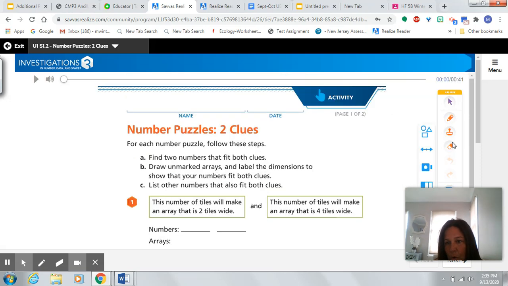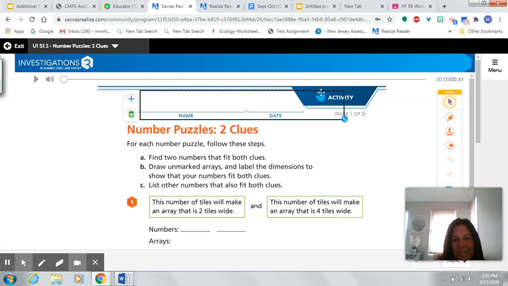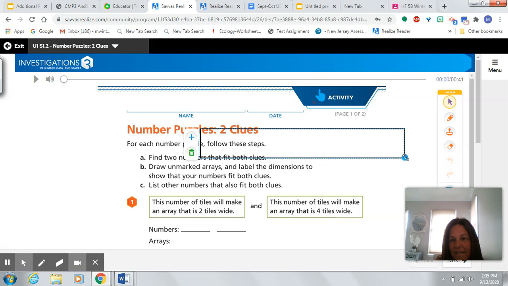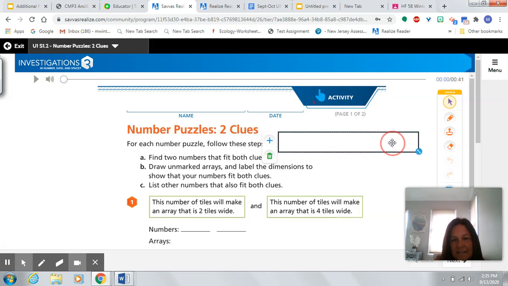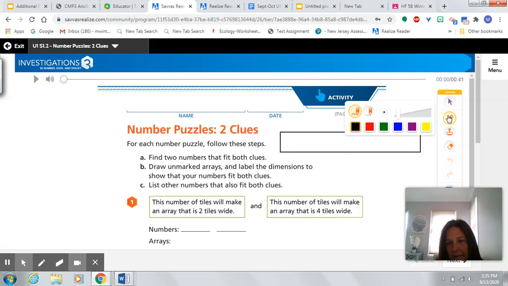And let's just real quick give an example of what an array looks like. So this guy right here is an array, and you will just have to label that. I'm going to go ahead and label that for you.